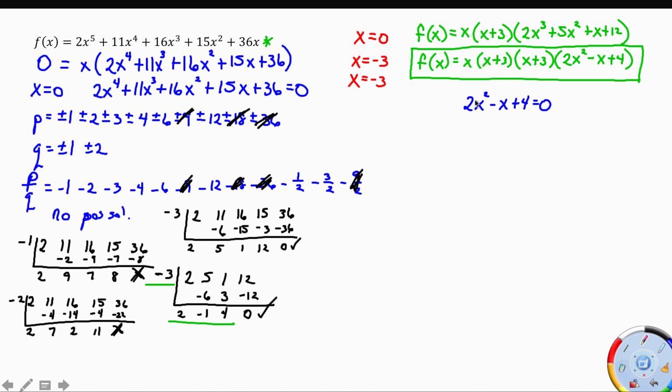We already said it won't factor. It wouldn't be a good one to do completing the square on, so I'm going to do the quadratic formula.